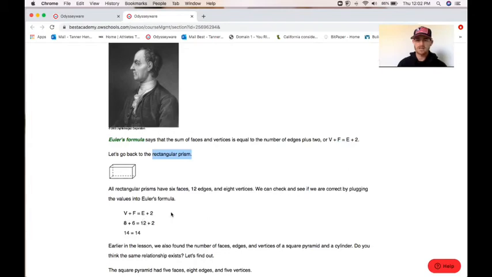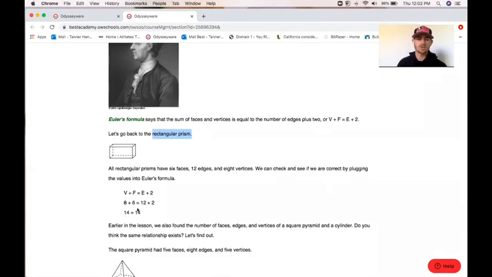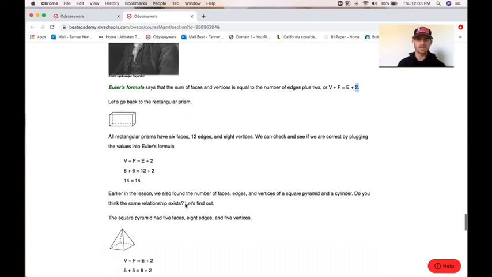Then we have 12 edges. Remember, edges are where 2 faces come together, so it's just the lines. 1, 2, 3, 4, 5, 6, 7, 8, 9, 10, 11, 12. We plug that in. And the formula is just saying that when you do this, they equal each other. So we have 8 vertices plus 6 faces equals 12 edges, and then it's always plus 2 because it's the formula. So 14 equals 14, and that works.